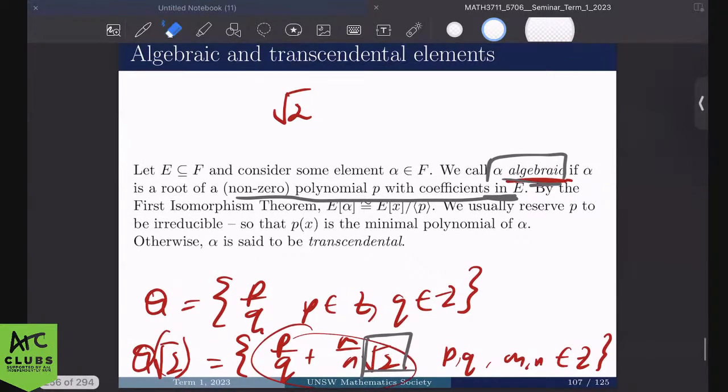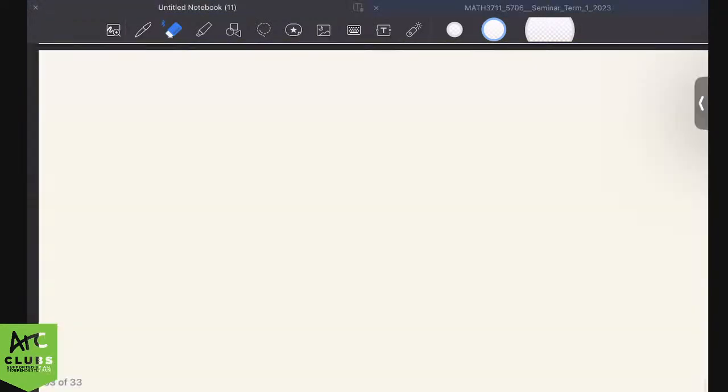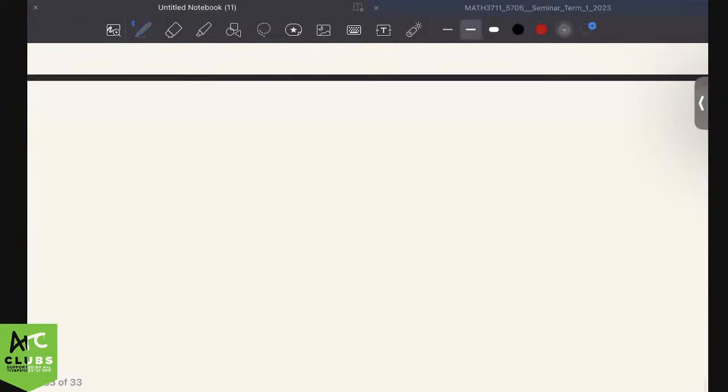By the first isomorphism theorem, we didn't go through this for rings, but there's a first isomorphism theorem that is the same as for groups.